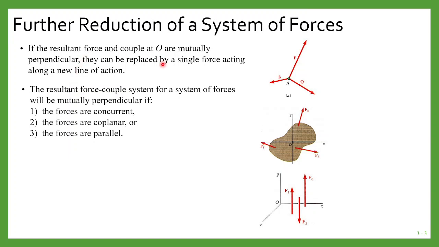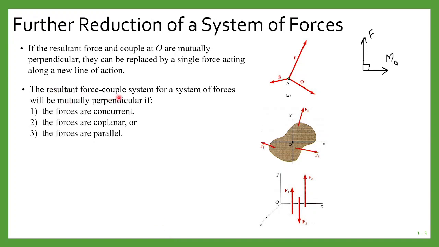Suppose this is your force, and this is your moment, and they are mutually perpendicular. So we can replace this system by a single force acting along a new line of action.